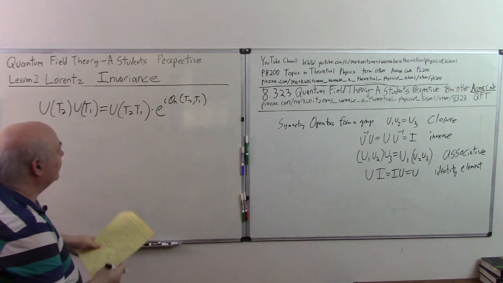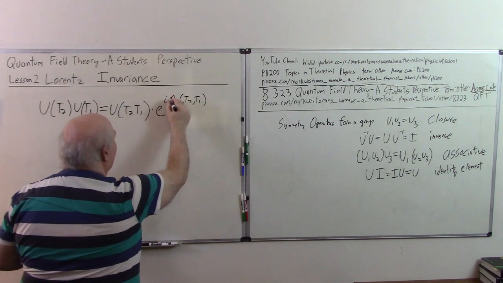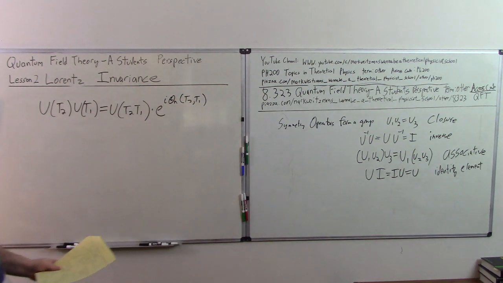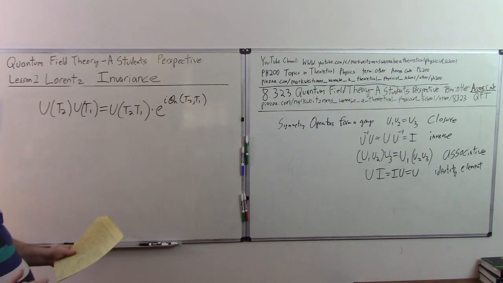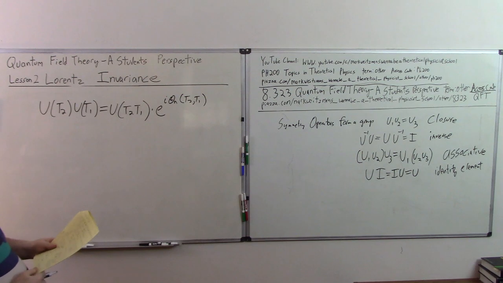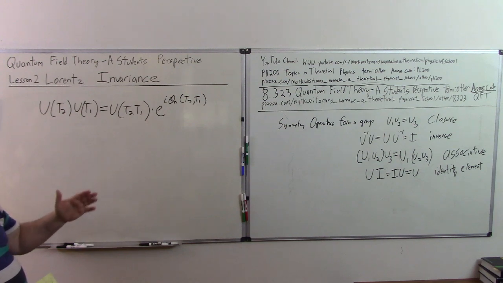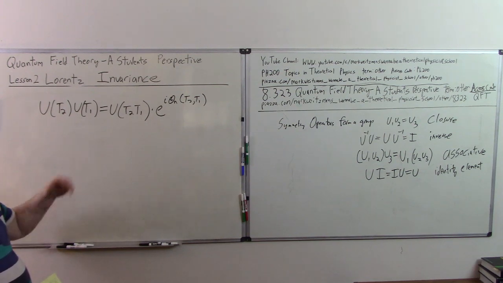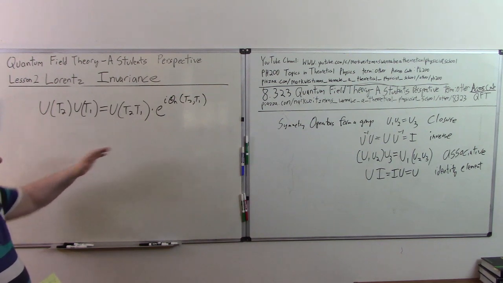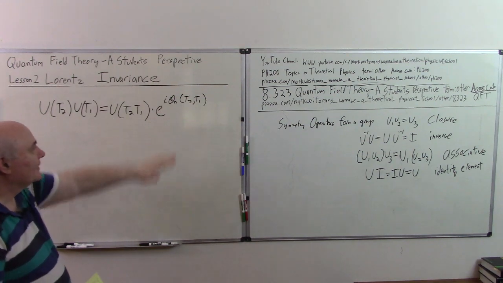The idea here is simply that if we have a vector and we're doing a symmetry transformation on it, we have a lot of vectors that differ by phases. And then we multiply by another vector, we don't have to have the same phase for that other vector. So we could end up with a phase factor.